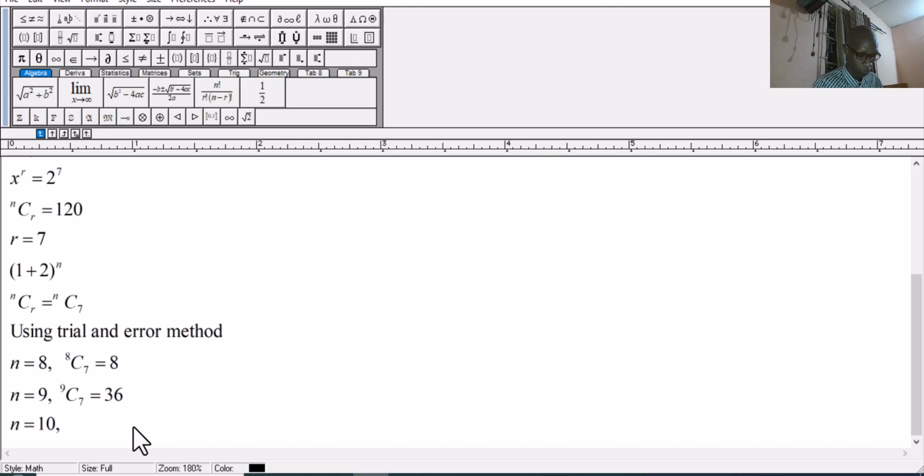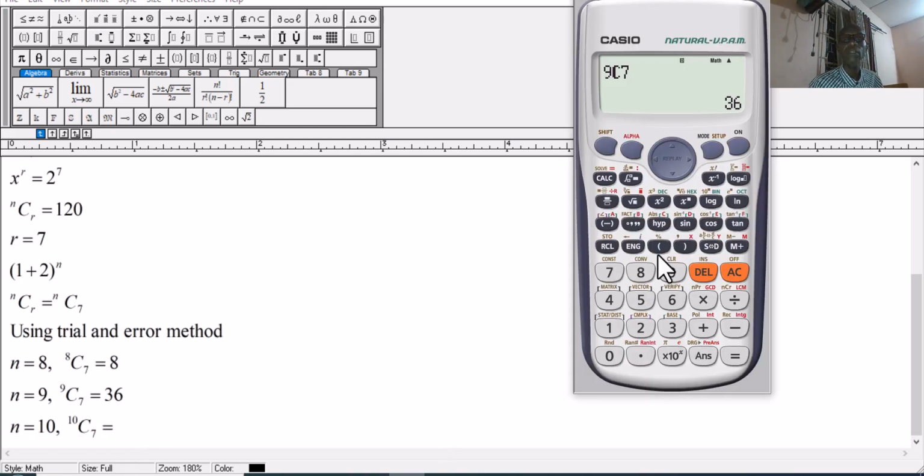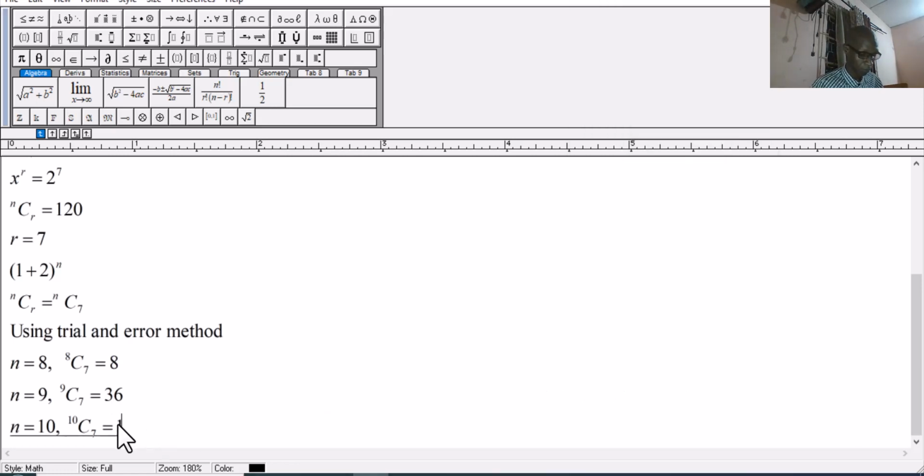So we have 10 combination 7. So let's try that. I'm going to close this. 10 combination 7. That gives me 120.